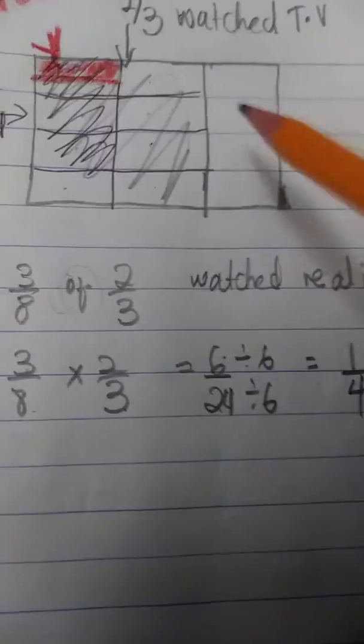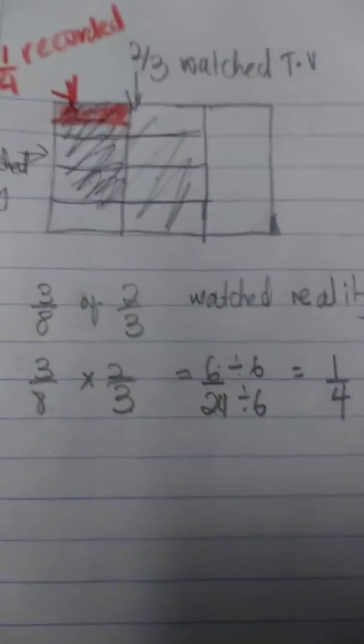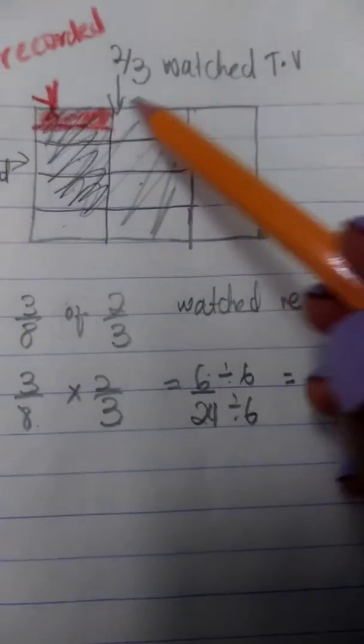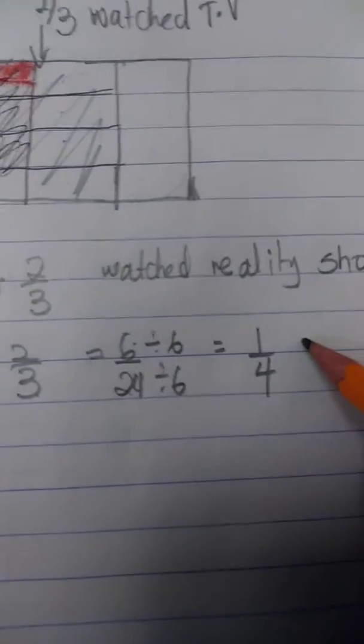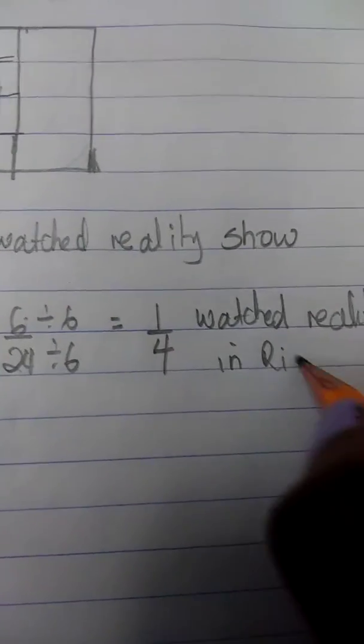We're going to divide by 6. Divide by 6, divide by 6, which is a quarter. So a quarter of the students in comparison to the whole watched a reality show in Rick's class.